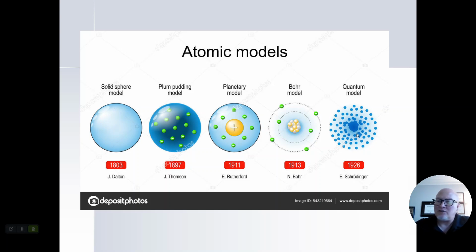Then along comes 1926, and we have Schrödinger. Schrödinger created the quantum model of the atom, which continues to build. So the more we learn about the model of the atom, the more we have to change our model. The quantum model presents the atom with the nucleus, and surrounding the nucleus we have electrons in an electron cloud, and they have a specific shape.